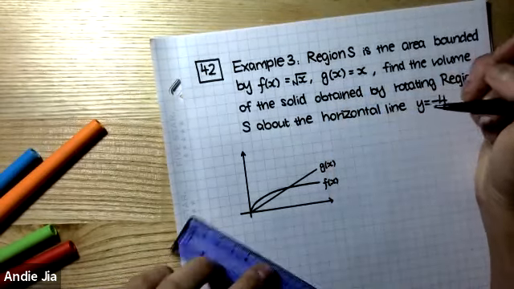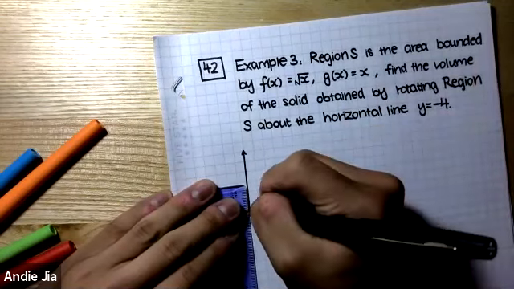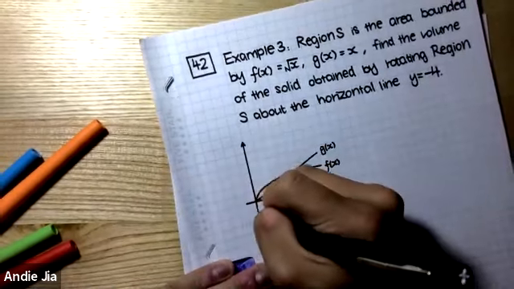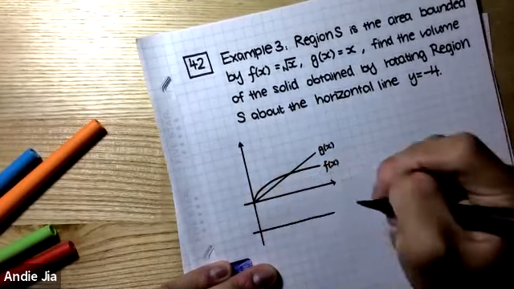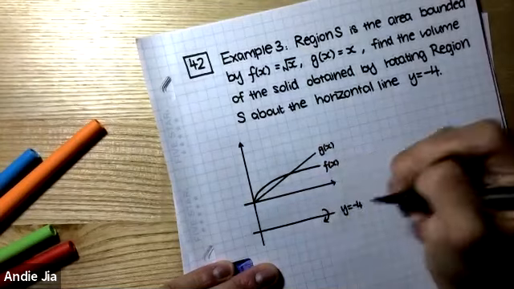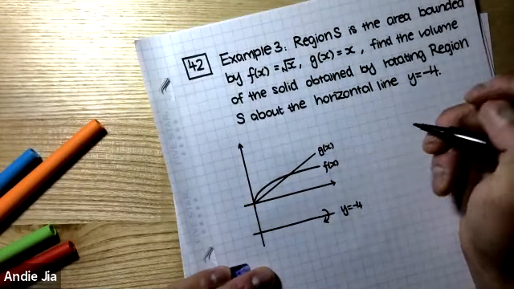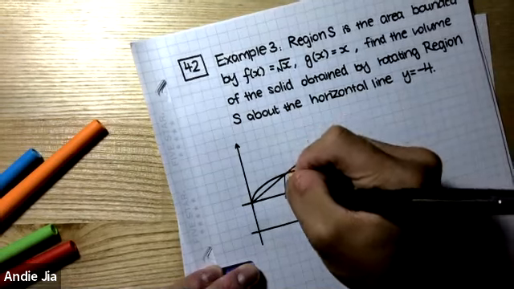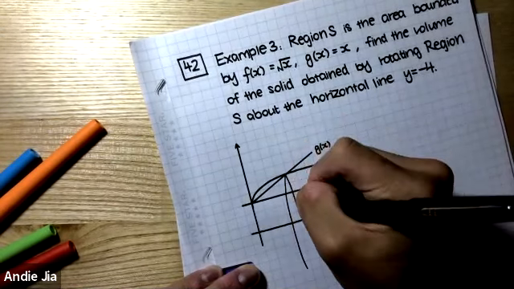They're rotating about the horizontal line y equals -4.